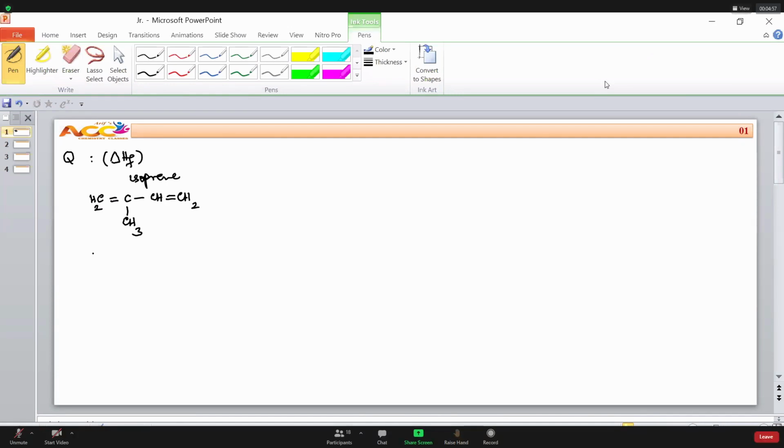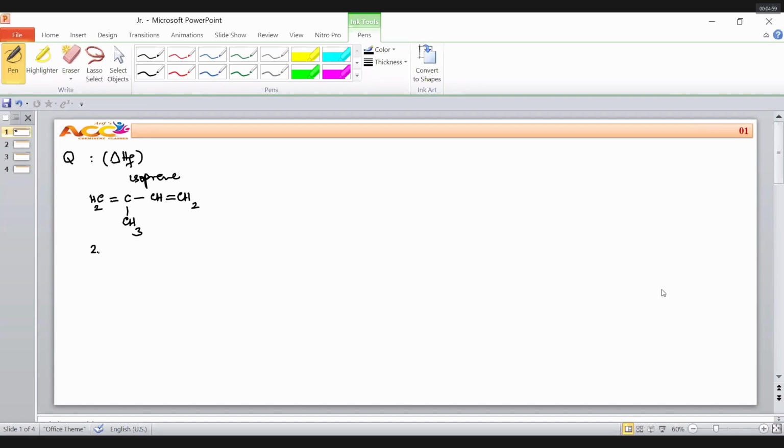It is called 2-methyl-1,3-butadiene. We are not interested in the name of the compound. We want to know the structure. The question is asking to find the enthalpy of formation of isoprene.